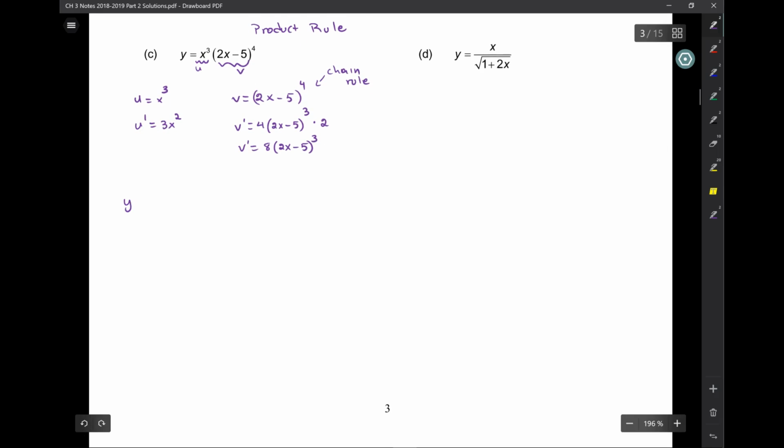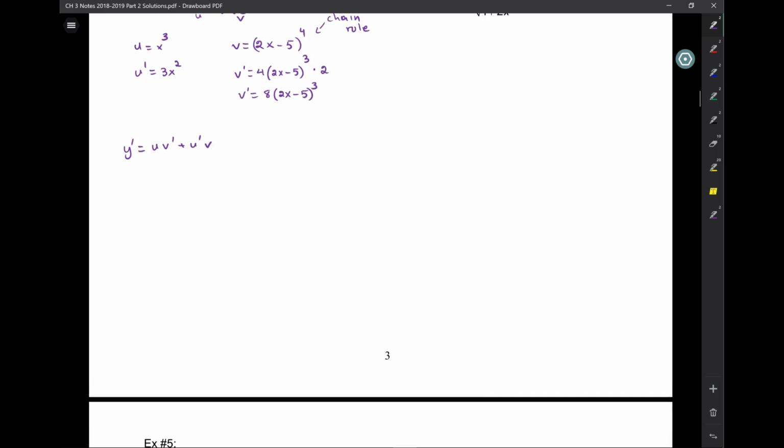Right, so now y prime, remember, it's going to be uv prime plus u prime v. And remember when you do it this way, it's like uv prime on the diagonal, and then u prime v on that diagonal. Okay, so this is going to be x cubed times it, well, whatever. Let me just write it. Which two? The inner, the chain rule.